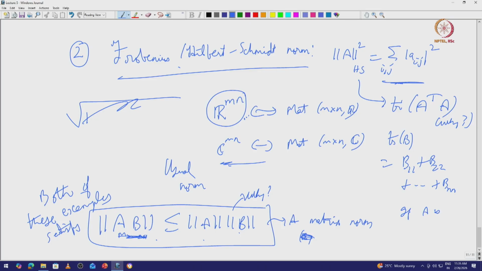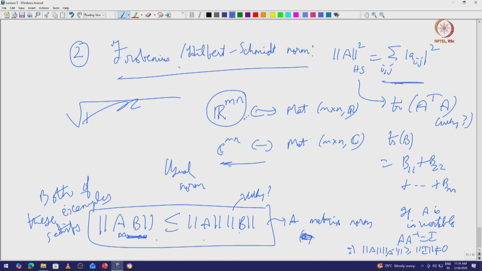So in particular, if A is invertible, that means A times A inverse is the identity, which means the norm of A times the norm of A inverse is larger than or equal to the norm of the identity, which is not equal to 0.